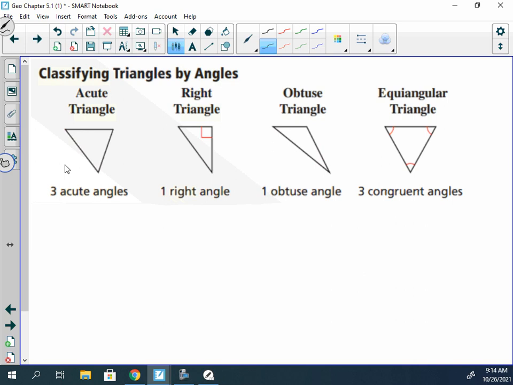What is the sum of the interior angles of a triangle? They all add up to be 180 degrees. We have three angles that would add up to be 180. For a right triangle, we know one of the angles has to be 90, so we can say 180 minus 90.